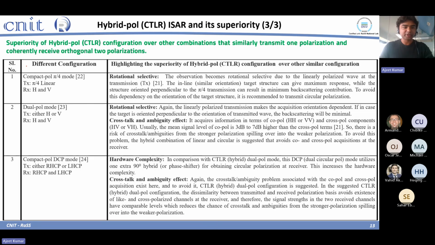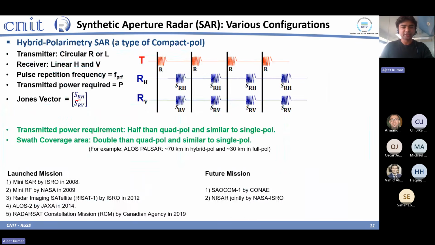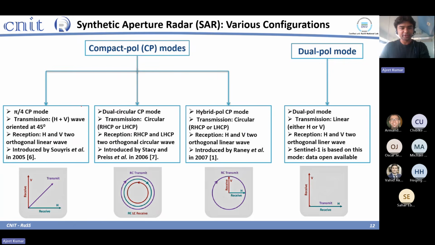With compact hybrid polarimetry, you have the benefit that you don't have this co and cross pole channel, because you acquire information in two channels, where circular is transmitted and horizontally received, and circular is transmitted and vertically received. There are no cross pole and co-pole channels. So that's also one of the benefits of hybrid polarimetry.